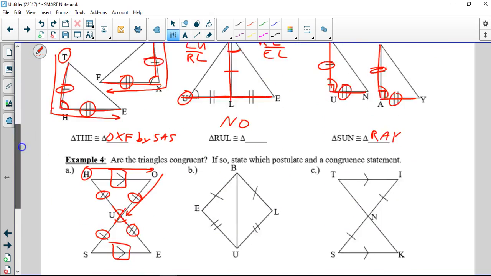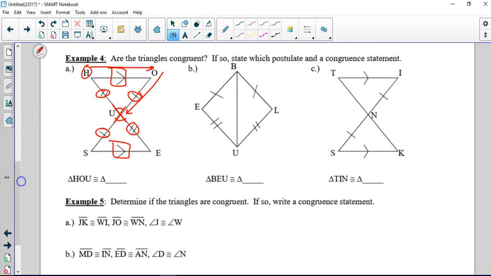So if we want to go down Highway 1, we're going to start at E, go down Highway 1 this way. So HOU is going to be congruent to FSU by side, angle, side.